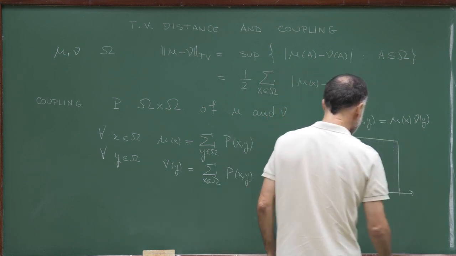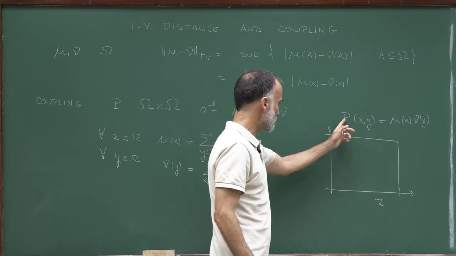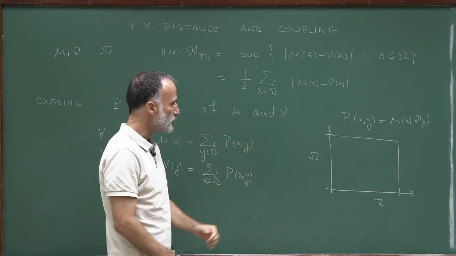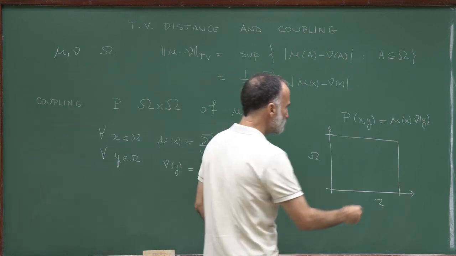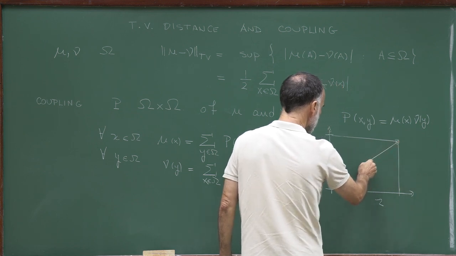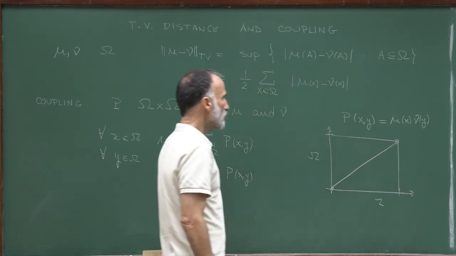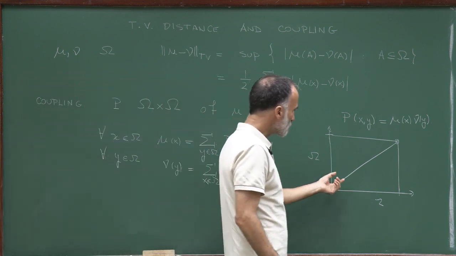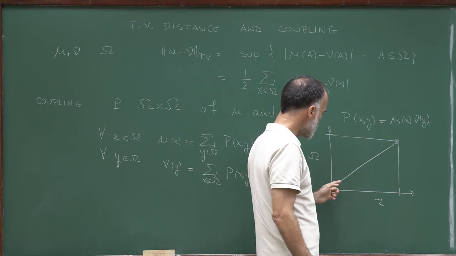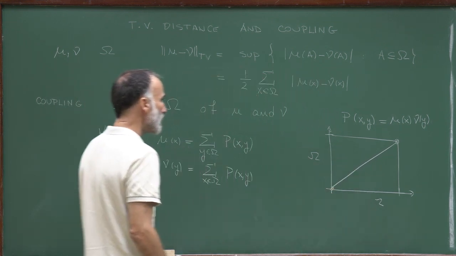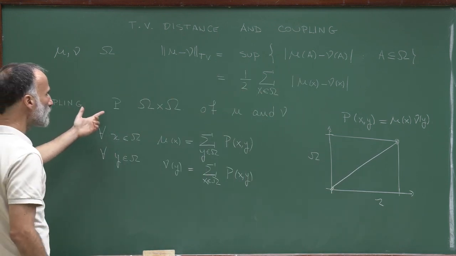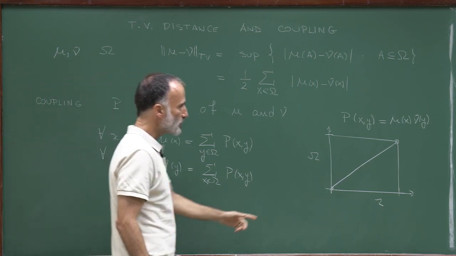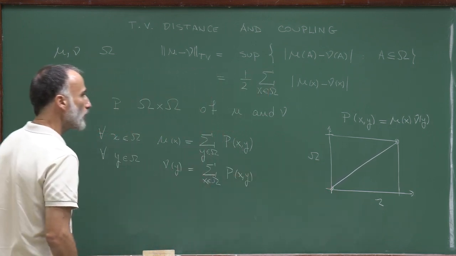So if you have a set omega, and we want to construct a measure P with given marginals mu and nu, a natural question is maybe to define the measure P which maximizes the measure on the diagonal. So a natural problem could be to construct a coupling which maximizes the measure of the diagonal.